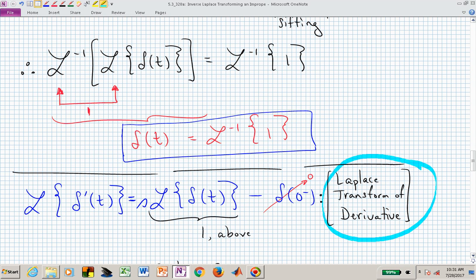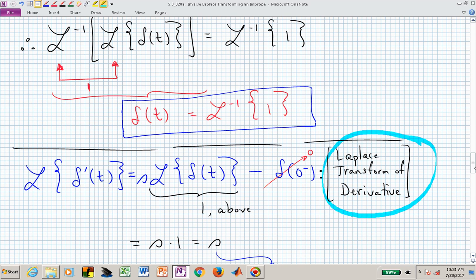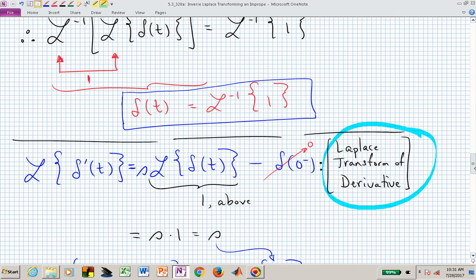That piece goes away. We just found above, or re-verified, that the Laplace transform of the impulse is 1, so now we know the Laplace transform of a derivative of the impulse, that's an odd beast, but just go with the flow. We now have that it is equal to s times 1 minus nothing, or it's s.